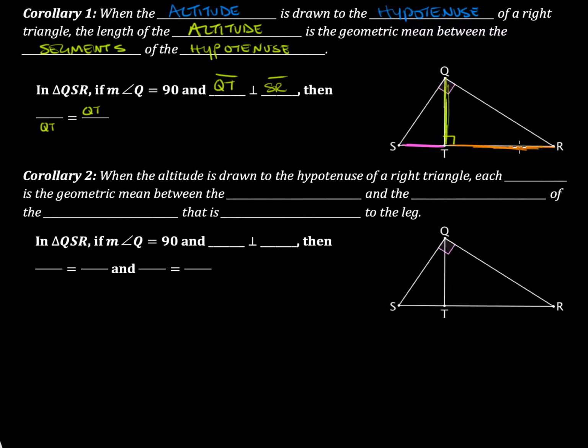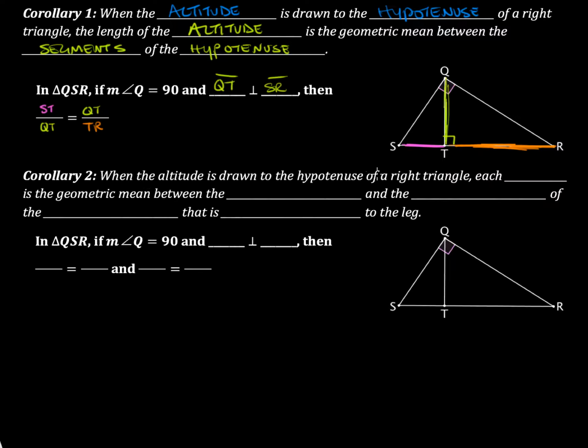So the geometric mean goes in these two spots. ST would go on the top of one of these fractions, and then TR would go in the bottom. Right? QT is the geometric mean between these two parts of the hypotenuse.